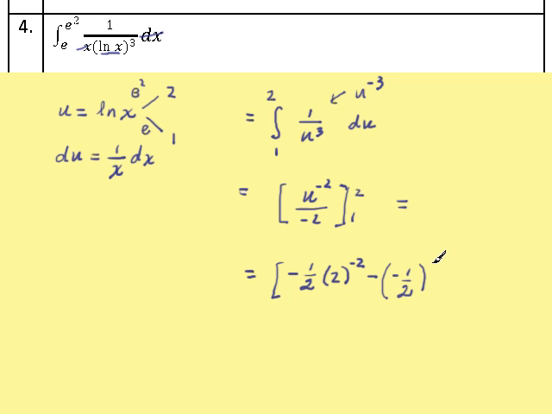All right, let's just simplify this. So here we have minus 1/2 times 1/4 plus 1/2. Or minus 1/8 plus 1/2, which is 4/8. Okay, so this simplifies to 3/8.